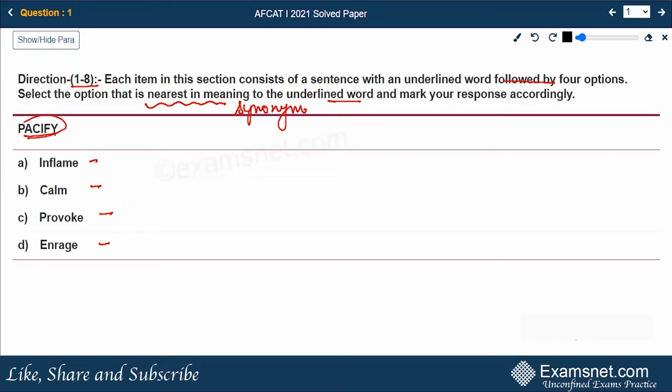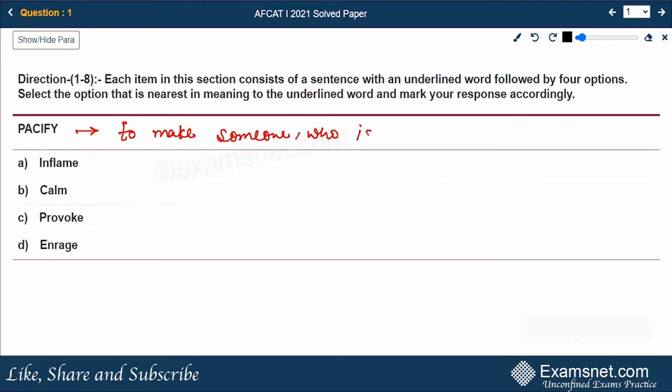For example, pacify, you have to choose which of these 4 words is a synonym for pacify. First of all, let's discuss the meaning of pacify. It means to make someone who is angry calm or quiet.